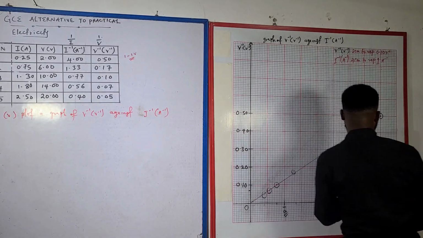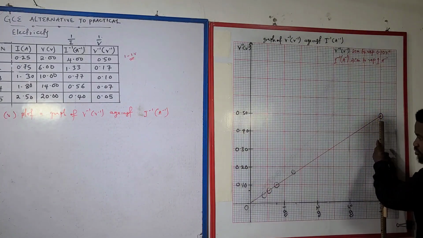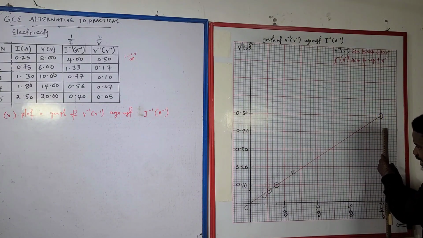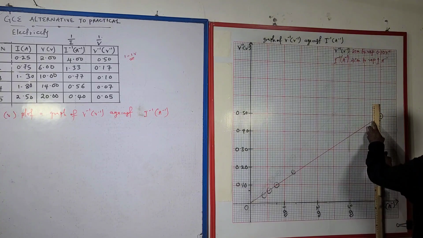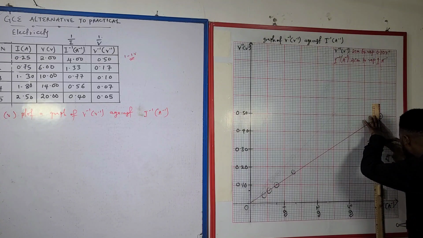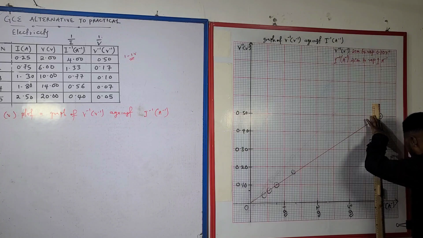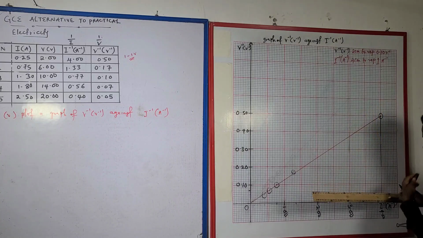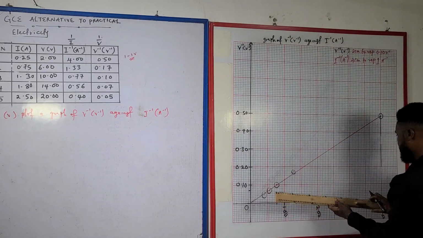I'm going to pick my ruler to get the point I am comfortable dealing with. I'm comfortable dealing with this.